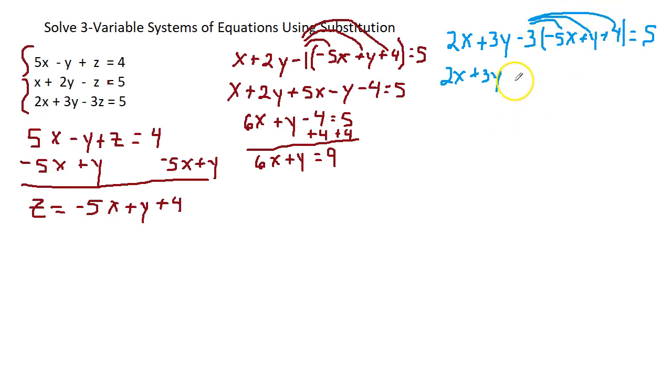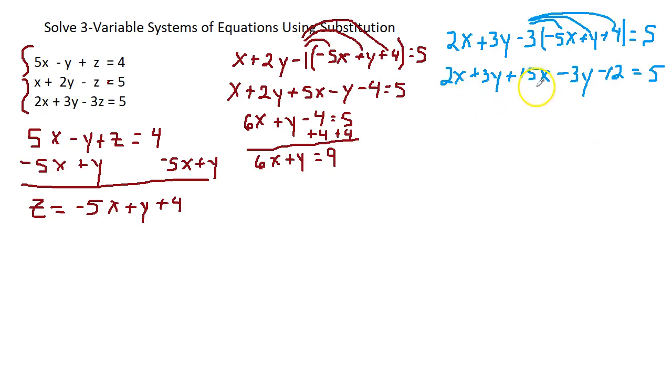So negative 3 times 5x is plus 15x. Negative 3 times positive y is minus 3y. Negative 3 times positive 4 is negative 12. Equals, and then bring down the 5. Combine like terms here on the left.